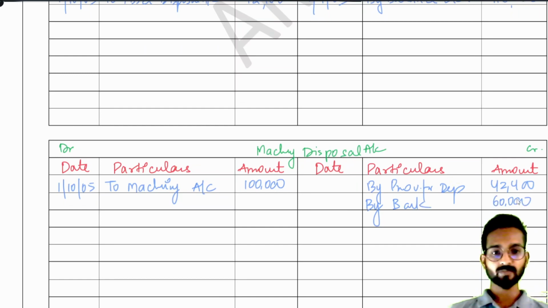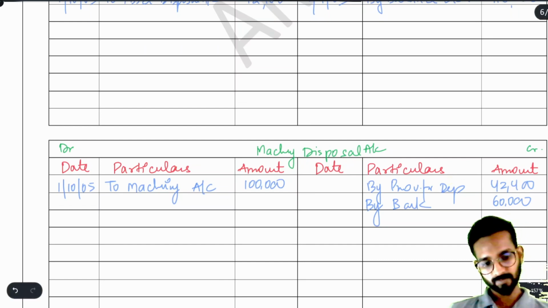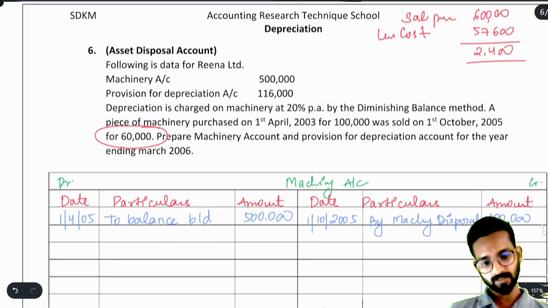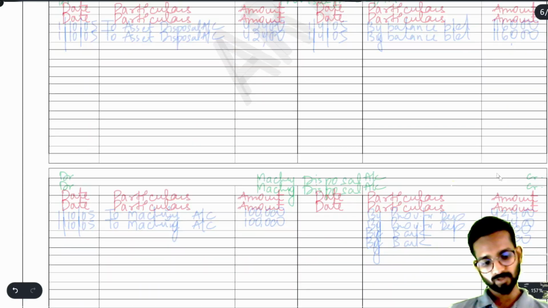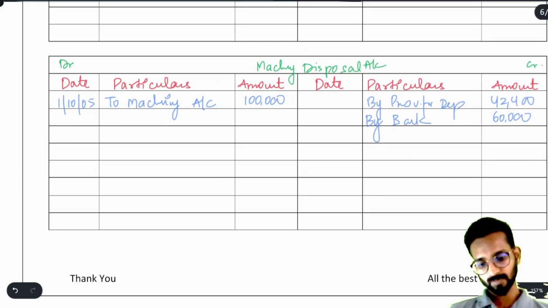Okay, sir. It means, can you tell me how much is my profit? How much profit have I earned? We have already learned, 2,400 rupees is my gain on sale. So I will write here gain on sale.